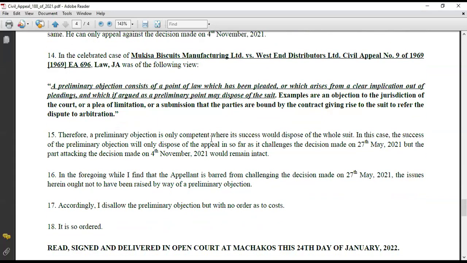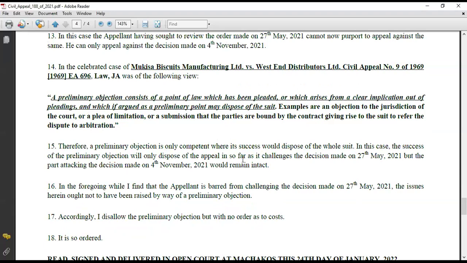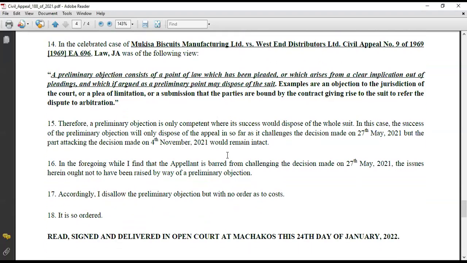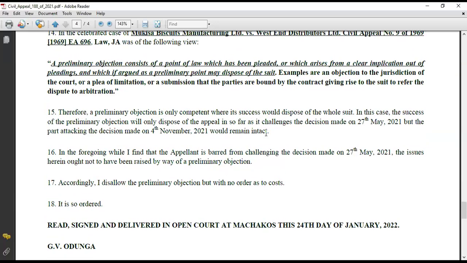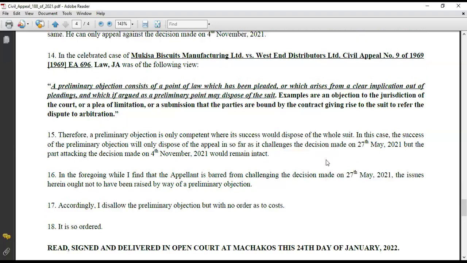So the orders or the disposition by the judge, this was Odunga the Great. So he was barred from challenging the decision of 27th May 2021.